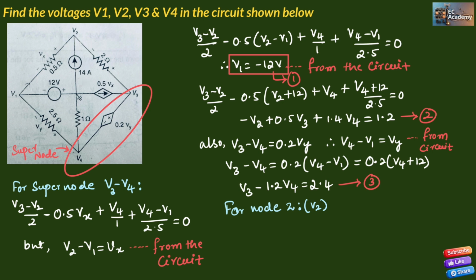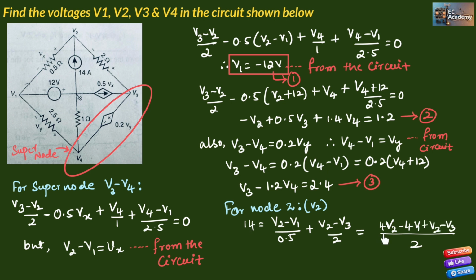So we can write 14 is equal to (V2 minus V1) divided by 0.5 plus (V2 minus V3) divided by 2. Here if we take 2 as LCM, we can write this equation as 14 is equal to 4V2 minus 4V1 plus V2 minus V3, all divided by 2.